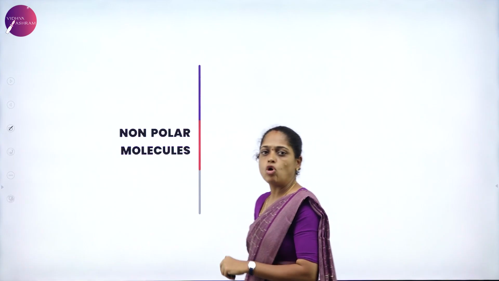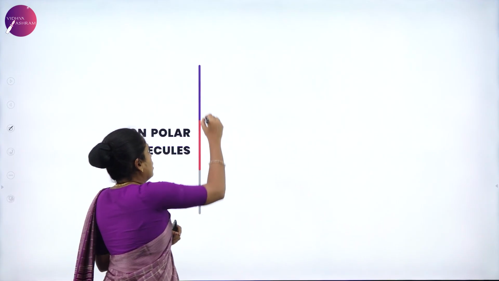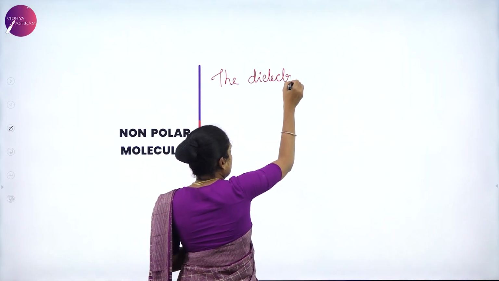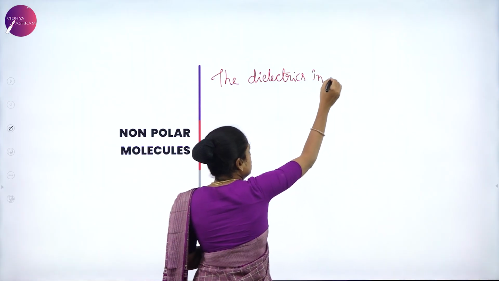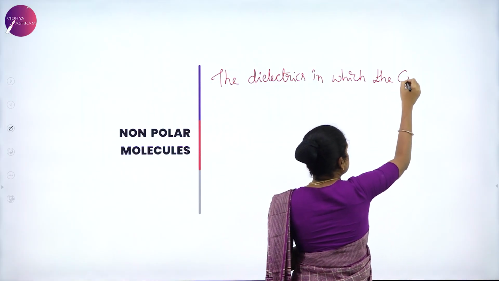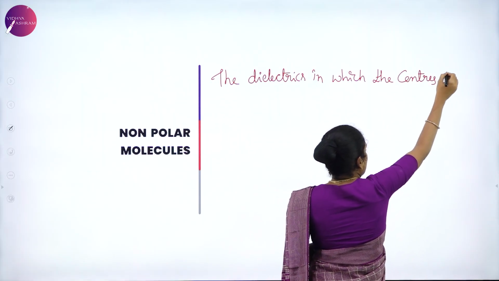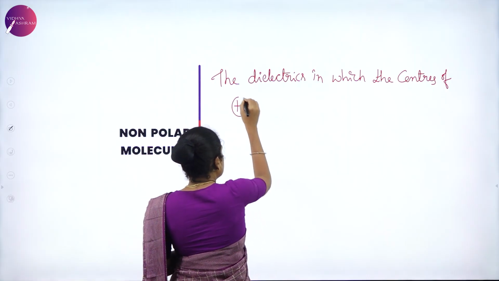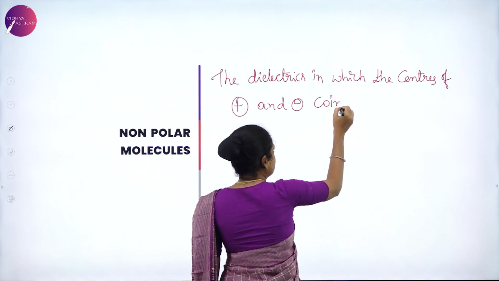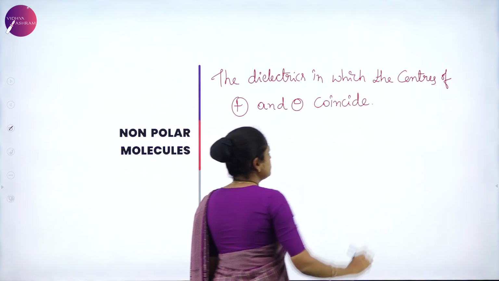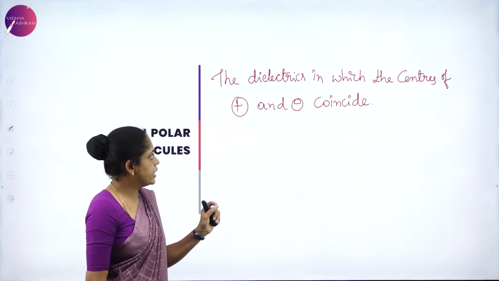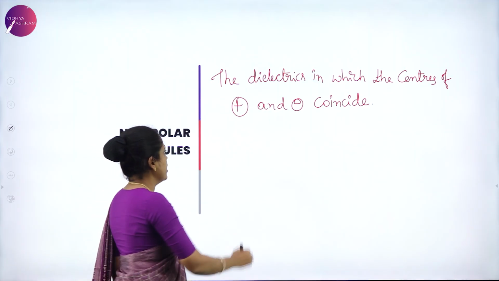Now, what is a non-polar dielectric? Opposite to polar is non-polar dielectrics. The dielectrics or molecules in which the centers of positive charge and negative charge coincide.